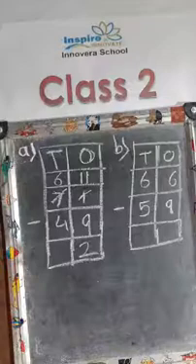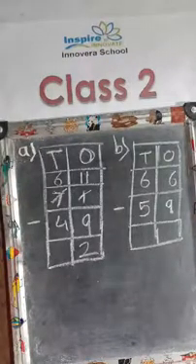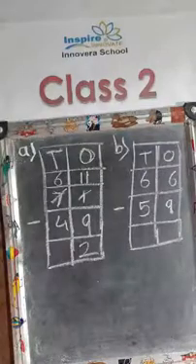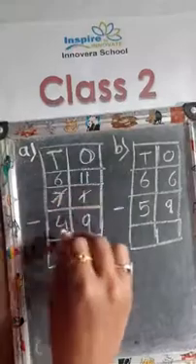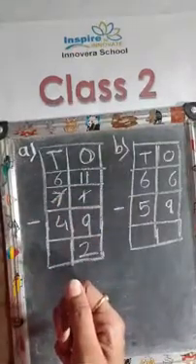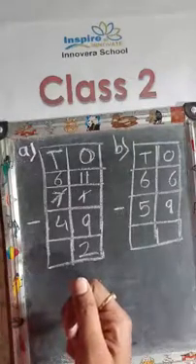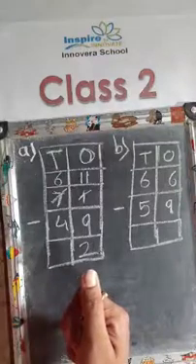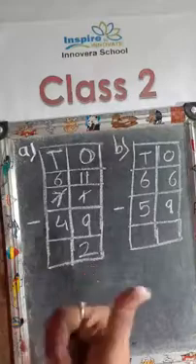Now next we will go to the tens place. Here is 6 minus 4. So what answer have you got over here? I am waiting for your answer. After 4, start counting. 5, 6.